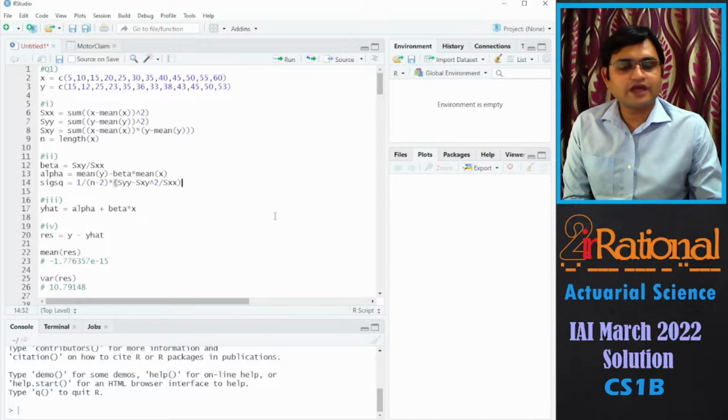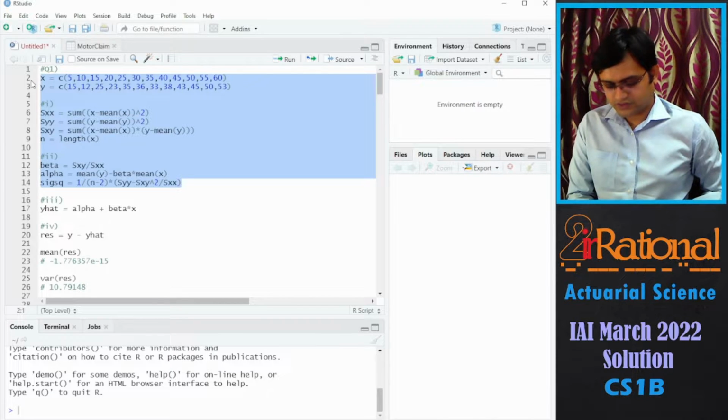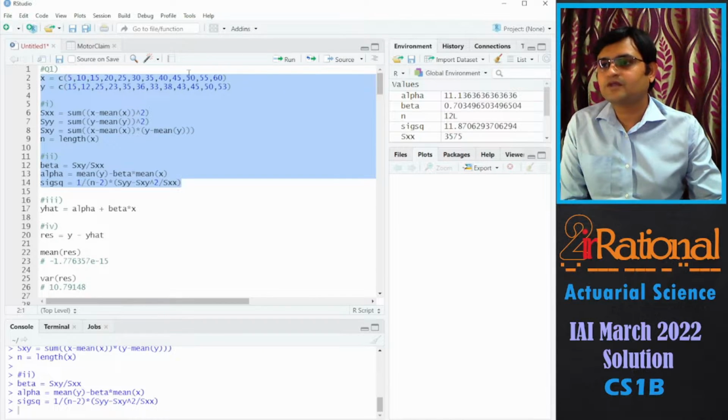And sigma square, again refer to the table book for the formula. We'll have 1 by n minus 2 into Syy minus Sxy whole square upon Sxx. So we have stored all of these values. I'll just run so that you can see I have all these values here.